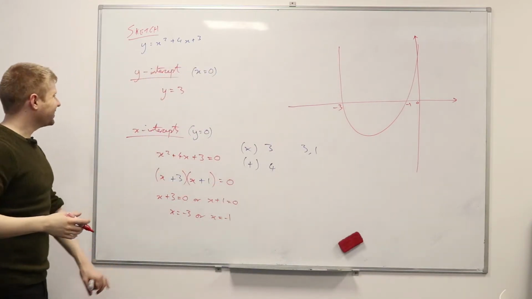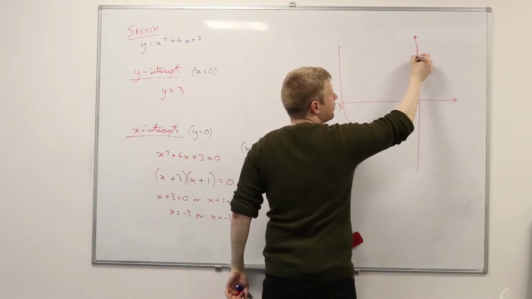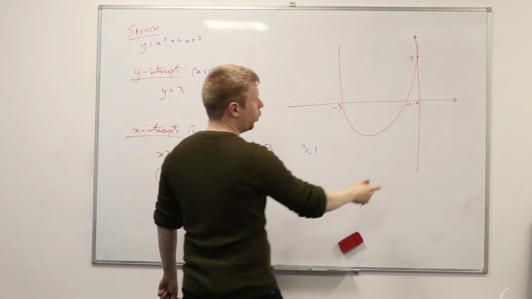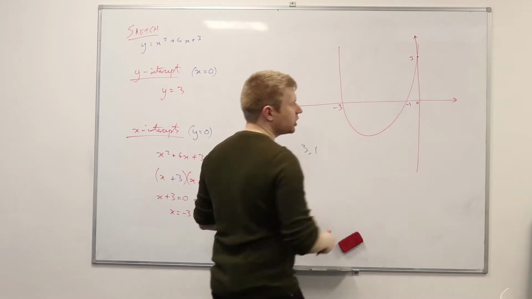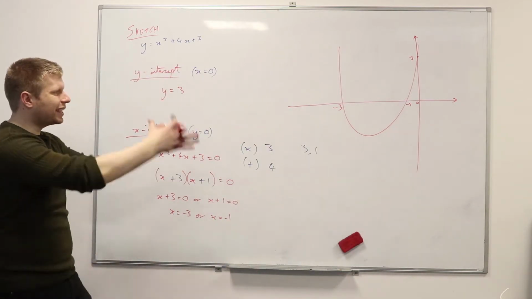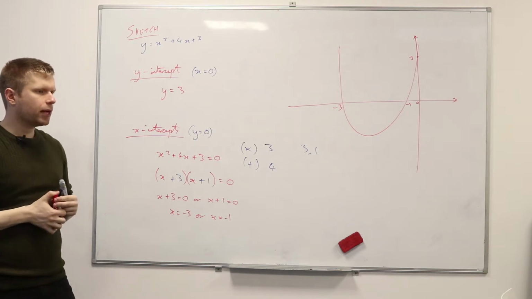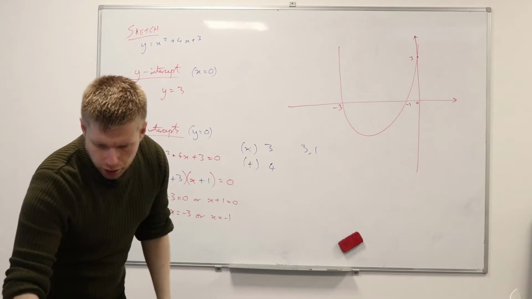Good. And then my y-intercept has to be at 3. So that point up there has to be 3. You're dead right. If I was going to do a better sketch, I would make sure that that was worth 1 and that was worth, well, 2. Twice as much. But it's a sketch, right? I just want to get the points in roughly the right places. Is that okay with everyone? Good, excellent.